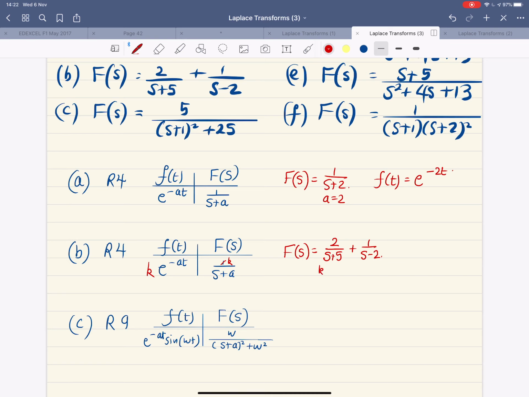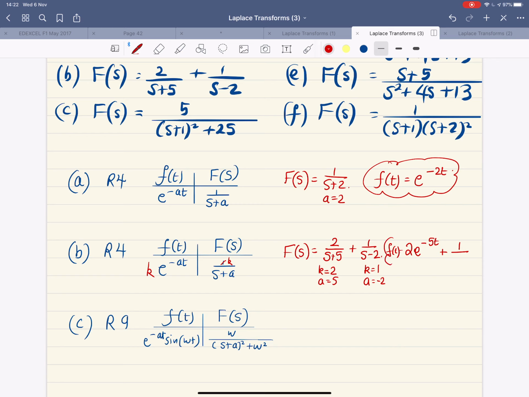So for this one, k is 2 and a is 5. For this one, the k is 1 and the a is minus 2. So we've got 2 of them added together. It's going to be 2e to the minus 5t, and then plus 1 over, this is f of t. That's the answer there.